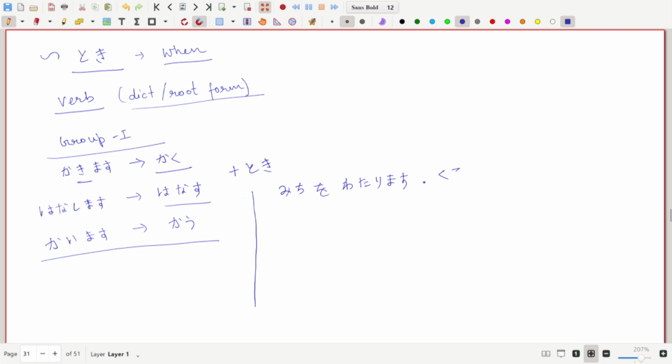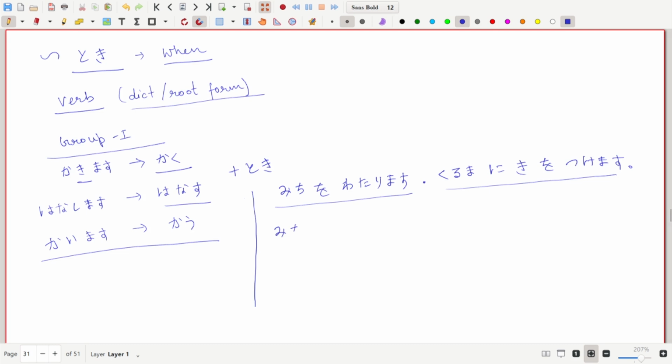Car is kuruma. Kuruma ni ki o tsukemasu. Michi o watarimasu. Kuruma ni ki o tsukemasu. Now we'll combine these two. Cross the road. Be careful of the cars. So when you cross the road, be careful of the cars.